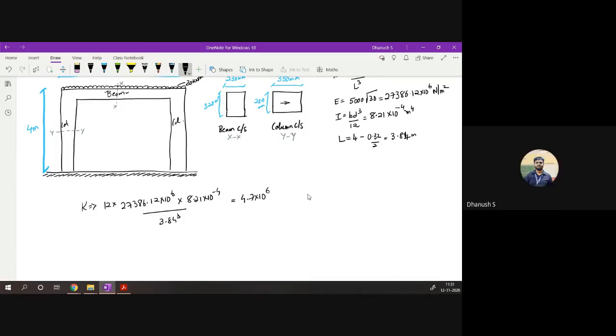Everyone got the same value? Yes, sir. Next, K effective will be 2 times K because of 2 columns. How much is this? 9.4 into 10 power 6. Okay.